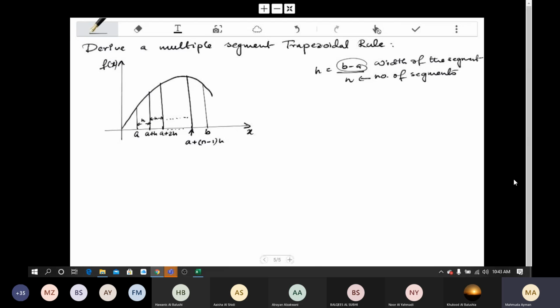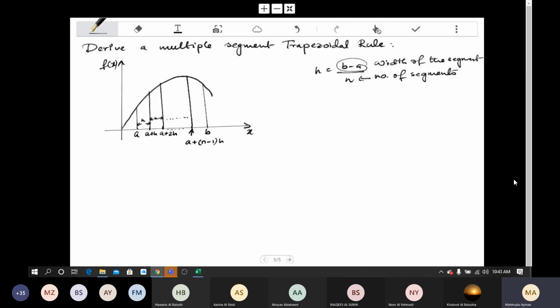So after we break it up into the n segments, we'll find out the area of these trapezoids. We'll find the area of each trapezoid separately, and then add them all up to come up with a formula for the multiple segment trapezoidal rule.